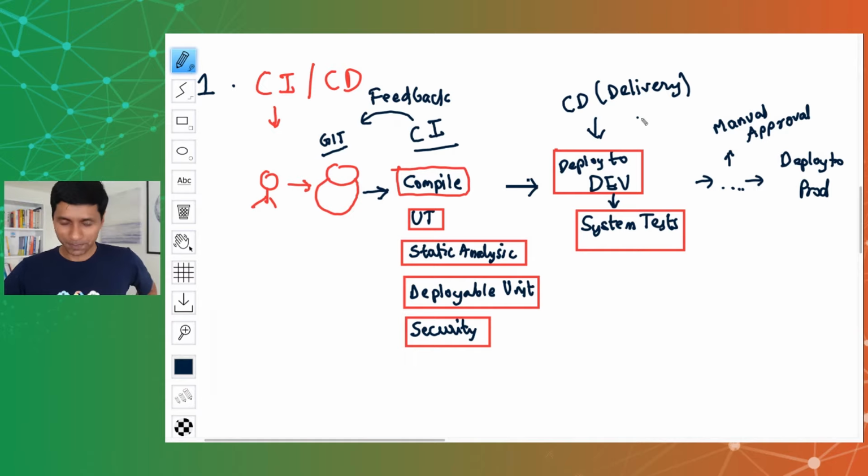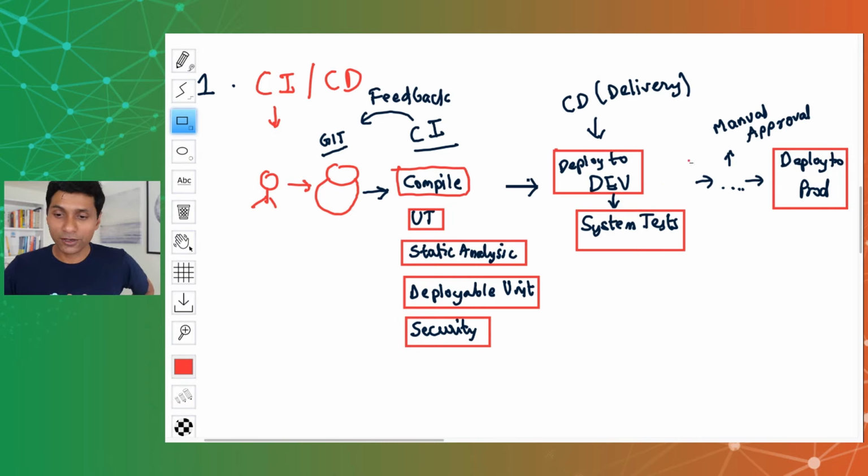If you are in an enterprise where you actually run the system tests automatically, if they are successful, you automate the deployment to the QA stage and you run the specific tests for each of those automatically. And then you automate the entire thing even to production. So if you automate the entire deployment starting from dev, running the tests, and taking the software to production, this specific thing is called CD, but continuous deployment.